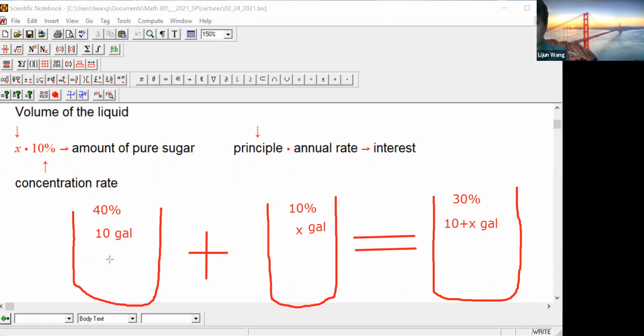But each container, the 40% and the 10%, has pure sugar. How much pure sugar is in this container? How much pure sugar is here?